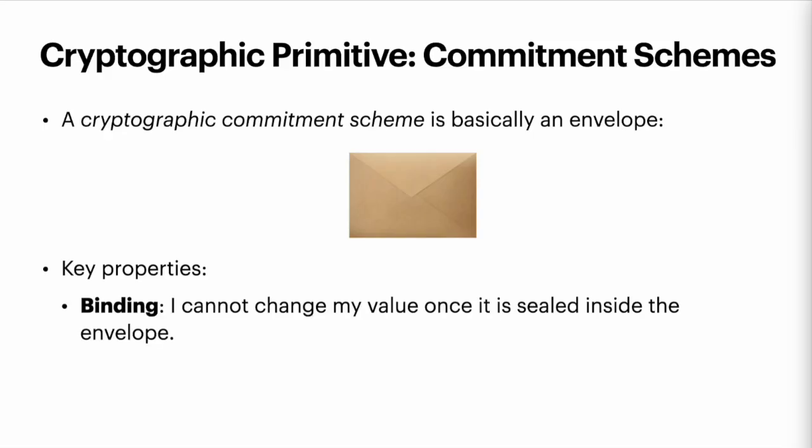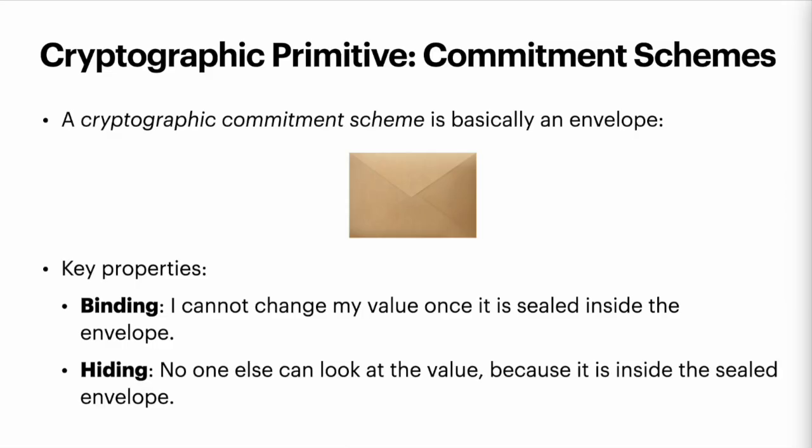Okay, so that's our binding property. I can't change my value once it's sealed in the envelope. And we also have our hiding property. No one else can look at the value because it's inside the sealed envelope. So it's infeasible, given the commitment, to go back and calculate the value inside. So those are the two properties we get from a cryptographic commitment scheme.